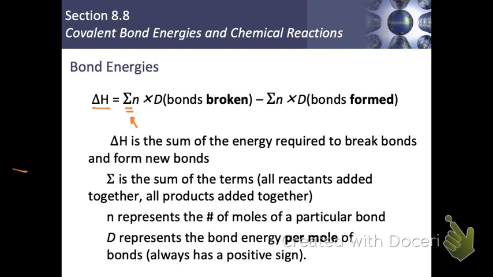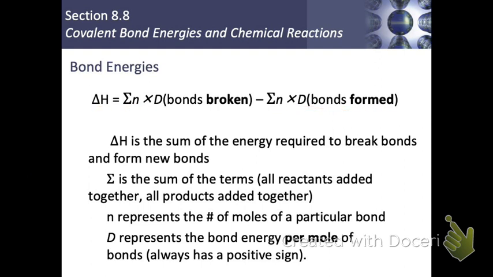So it's the sum of the moles of a certain type of bond that is broken, minus the sum of all the moles of the bonds that are formed. The equation makes it look a lot more intense, and I wouldn't even say you need to know this equation specifically, because we're going to know what it means and how to do the math that goes with it.